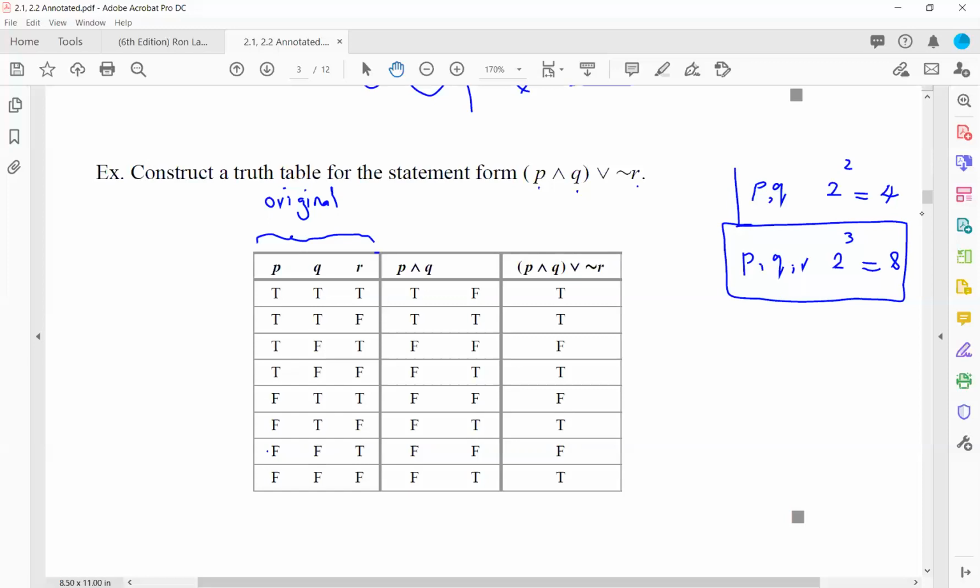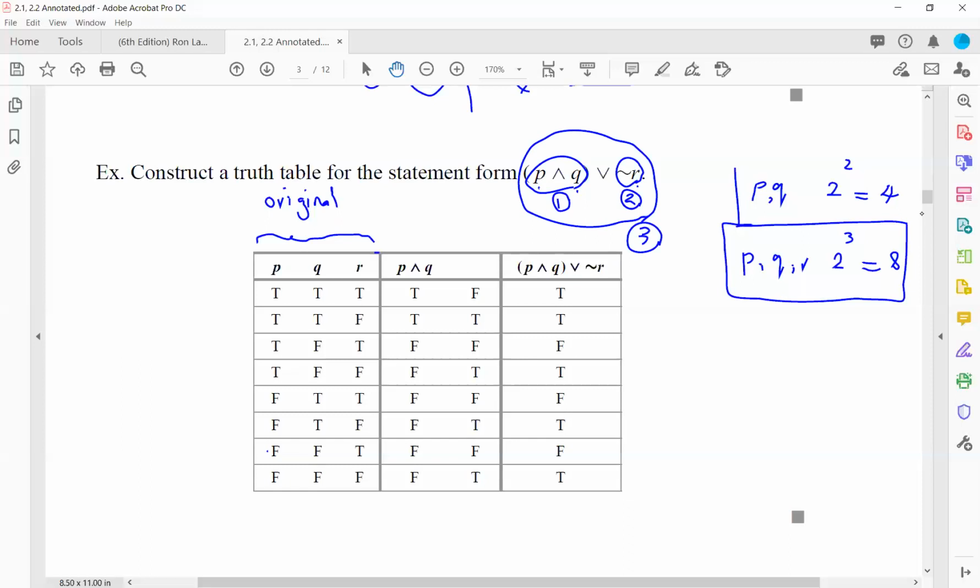Very well. Okay. So first of all, you have P and Q. This is the first compound statement. Then the negation of R, the second compound statement. And finally, you combine 1 and 2, your last compound statement.